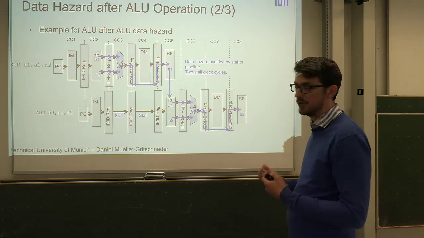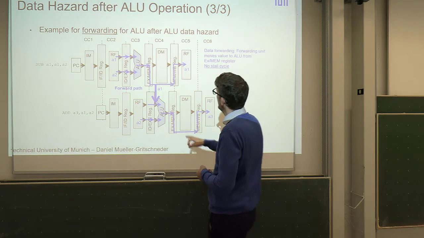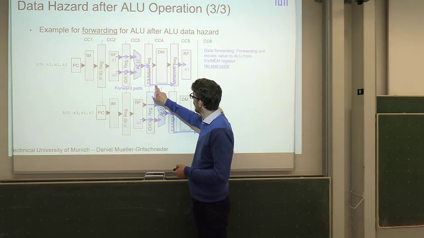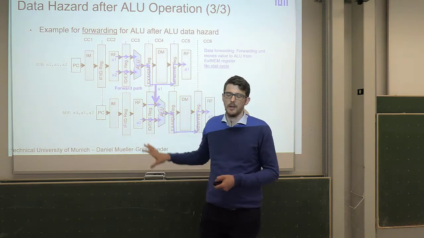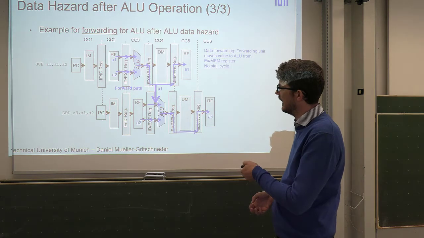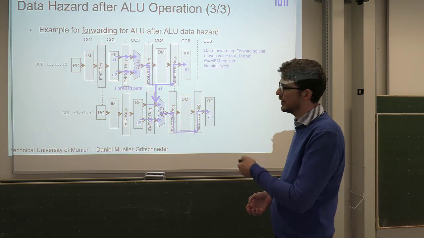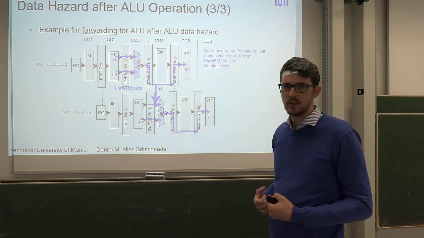So we should actually also put in a forwarding path. Here you can put in a forwarding path from the XMEM register right into the ALU. And the nice thing now is we don't have any stall cycle anymore. So we can take a value as an operand right after it was computed by another ALU operation, and we don't see any additional delay.